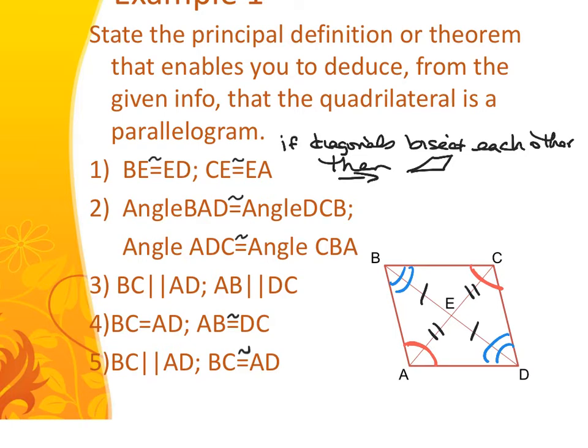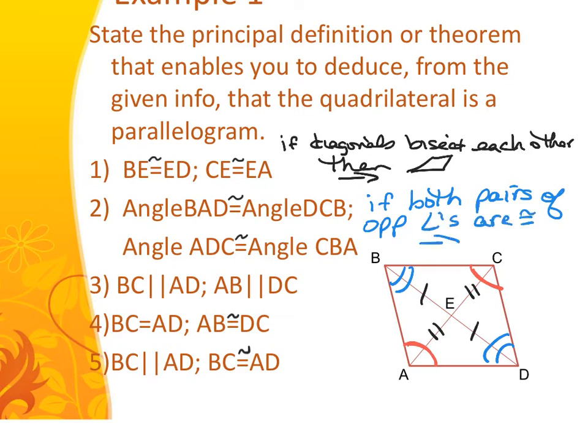And this reason would be if both pairs of opposite angles are congruent, then it's a parallelogram. Number three, they're telling me that BC is parallel to AD and AB is parallel to DC. This is the definition of a parallelogram.